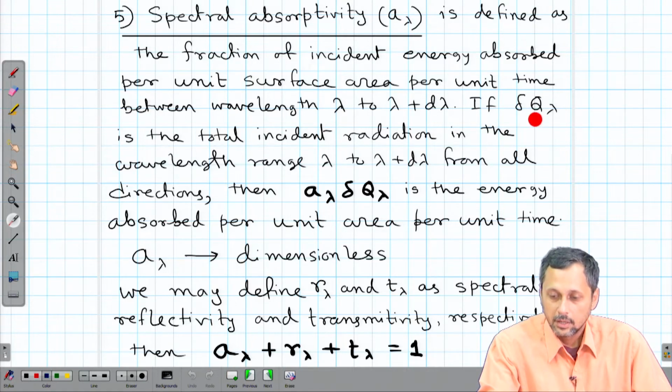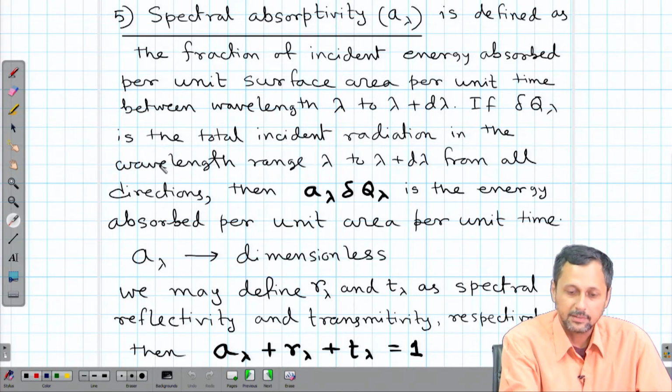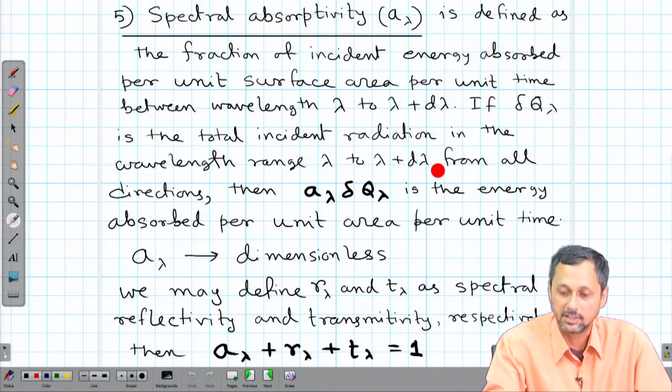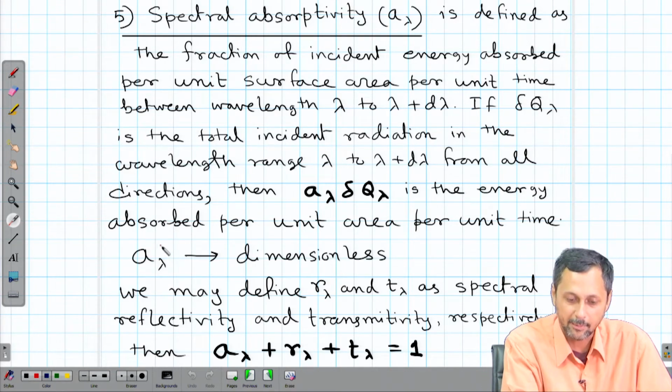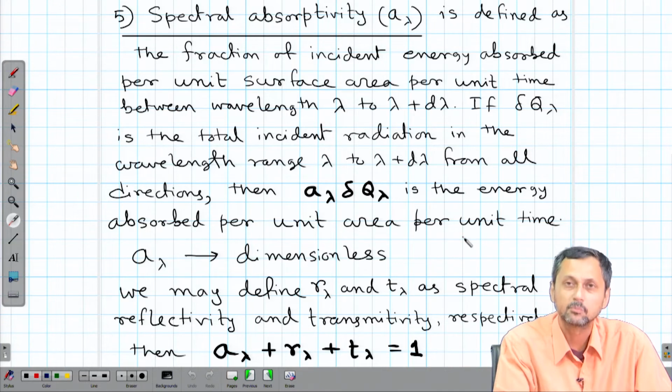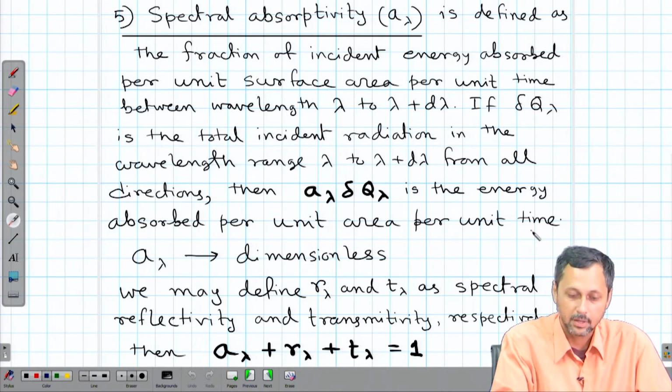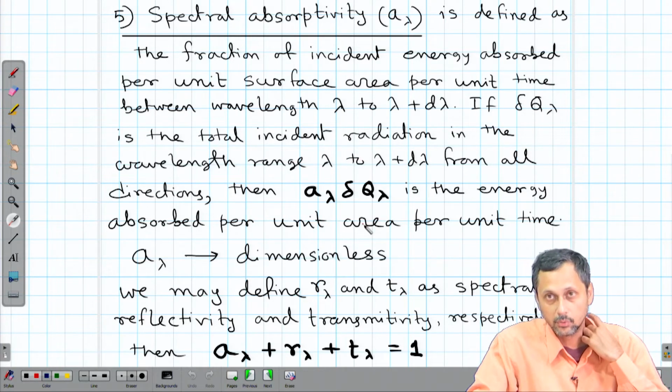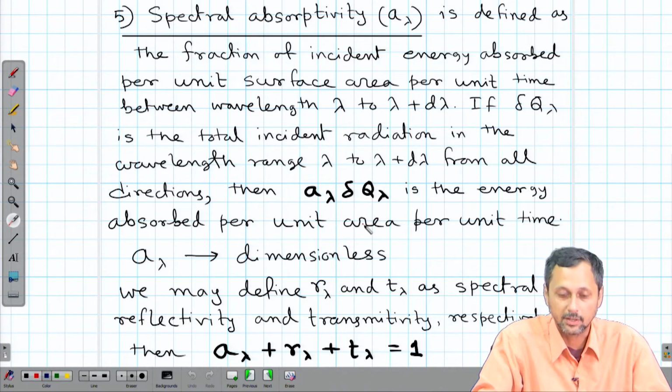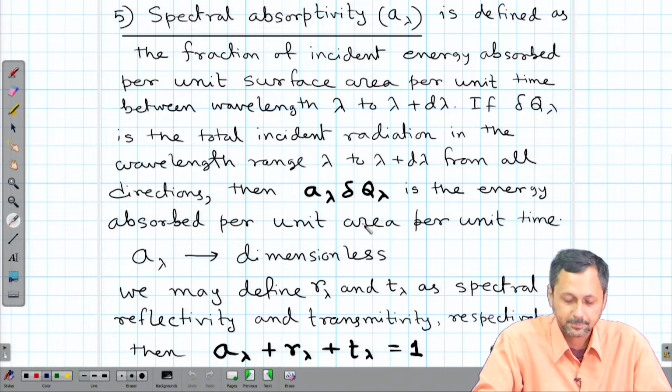If delta q lambda is the total incident radiation in the wavelength range lambda to lambda plus d lambda from all directions, then A lambda delta q lambda is the energy absorbed per unit area per unit time. Okay. So, this definition is something that we are going to discuss once again when we will be proving Kirchhoff's law. Okay.